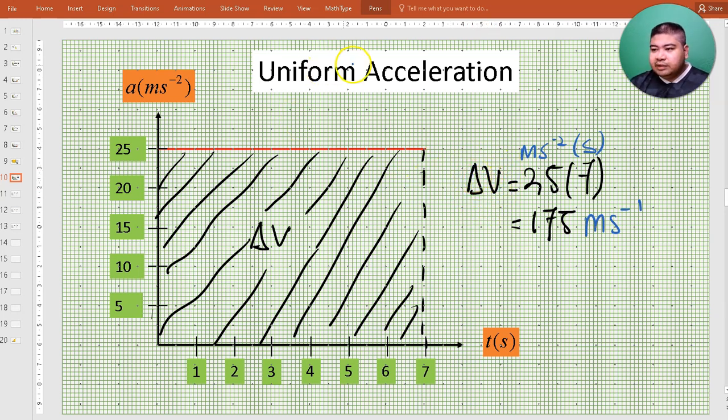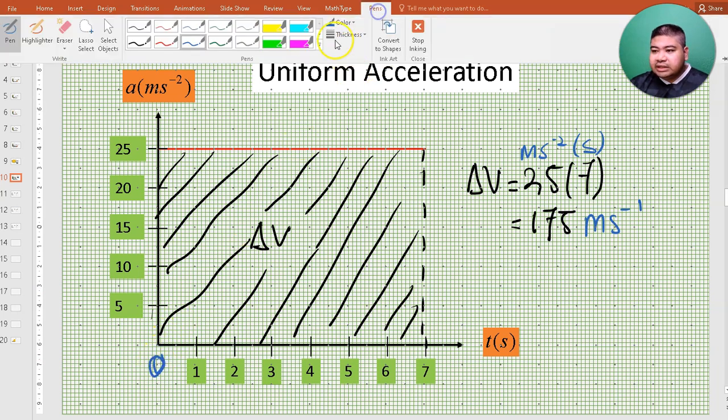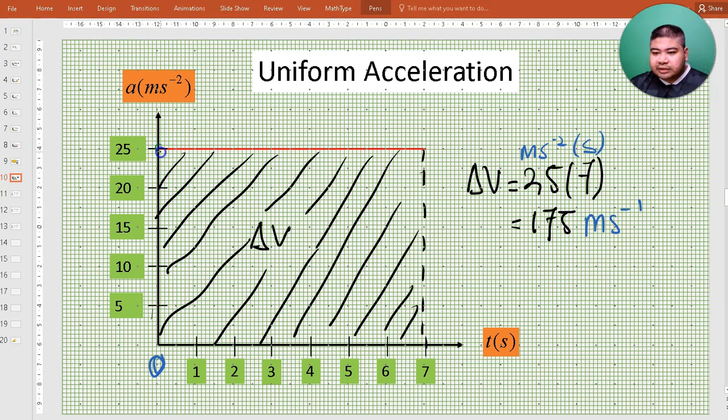If at time t equals 0 your velocity u is, let's say, 5 meter per second, then after 7 seconds, your velocity is going to be 180 meter per second.